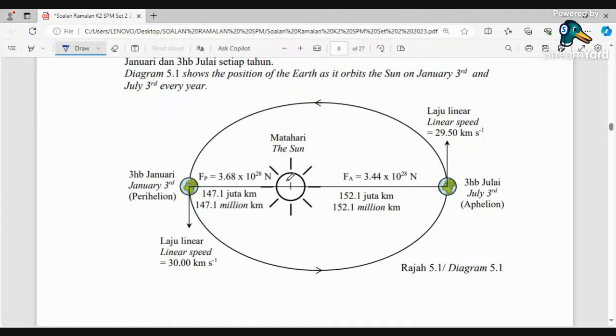As we know, if closer to the Sun, it will move faster. You can see the speed here is 30 km per second, and at aphelion 29.5 km per second.